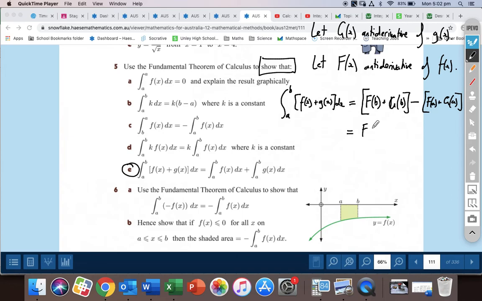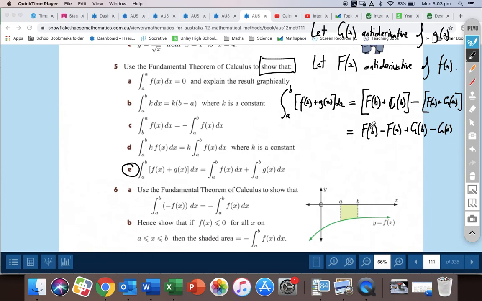Let's get our capital F's together. We've got capital F of B minus capital F of A there. Here we've got a plus capital G of B, and a minus capital G of A.